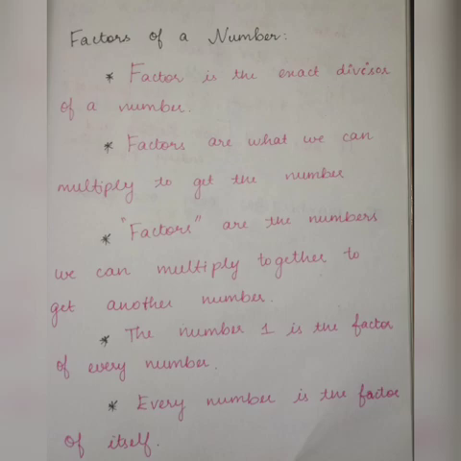The next concept is that the number 1 is a factor of every number. Next, every number is a factor of itself. I hope you understood the definitions, but after the example, you will get a clear idea about factors.